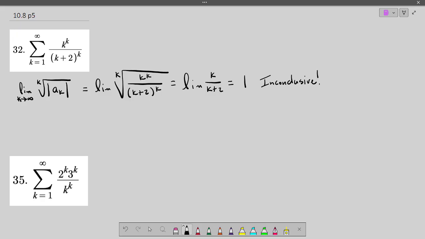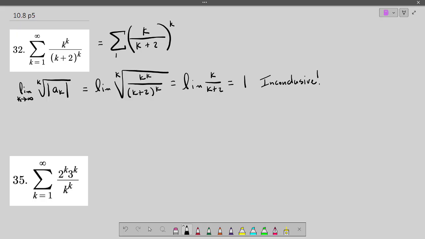All right, well, if it's inconclusive, let's try something else. One thing I see when I look at this is that you could turn this into this kind of thing. If you think about k going to infinity, what kind of form is it? Geometric? Nope.